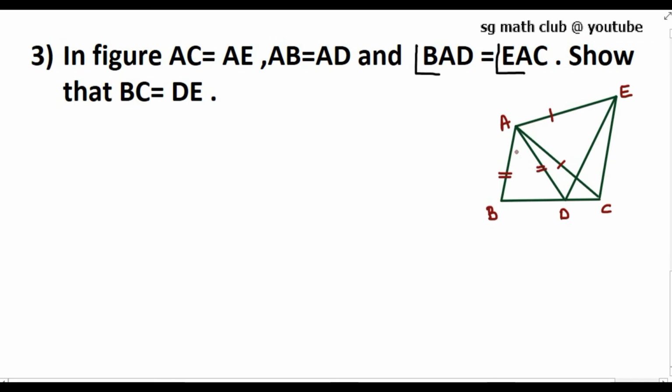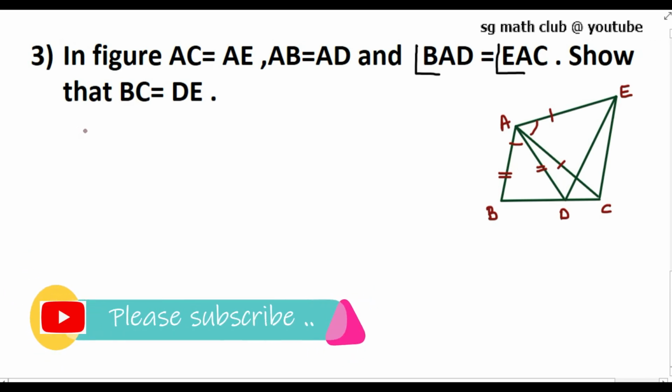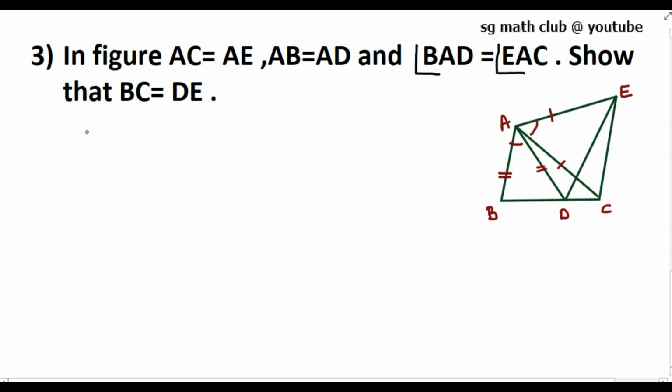Also they have given angle BAD equal to angle EAC. Show that BC equal to DE. We need to show BC equal to DE. So first we need to choose two triangles in such a way that BC and DE should be their sides.